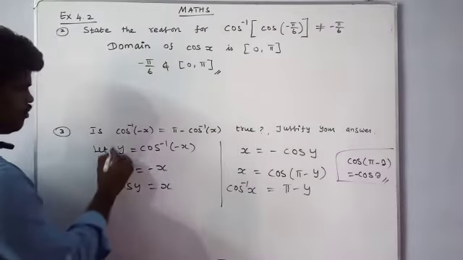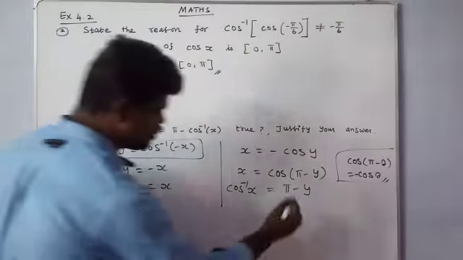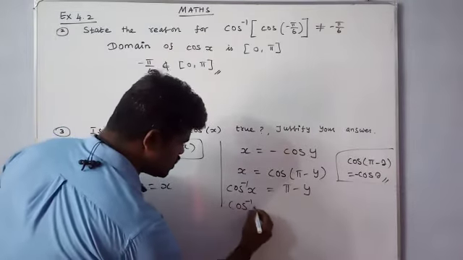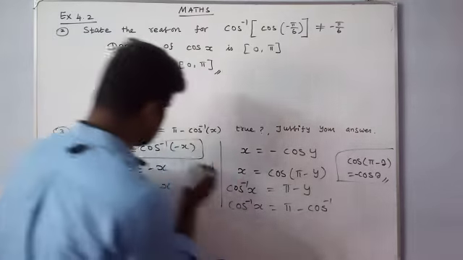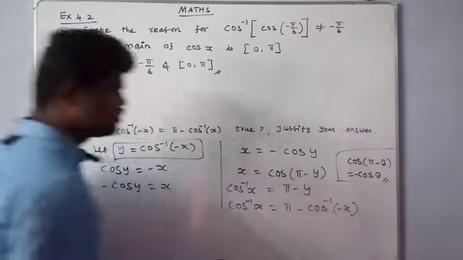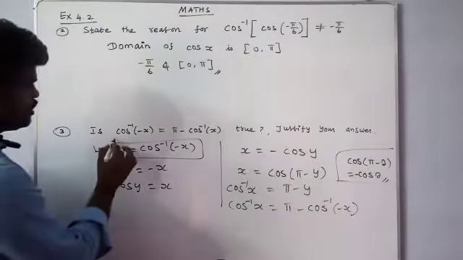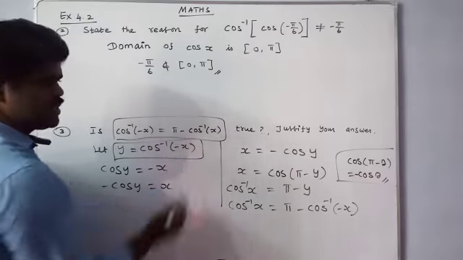So what is the value of y? y equal to cos inverse of minus x. We want to apply cos inverse of x is equal to pi minus cos inverse of minus x. This is the y value. Okay, right. This must be cos inverse of minus x equal to pi minus cos inverse of x.